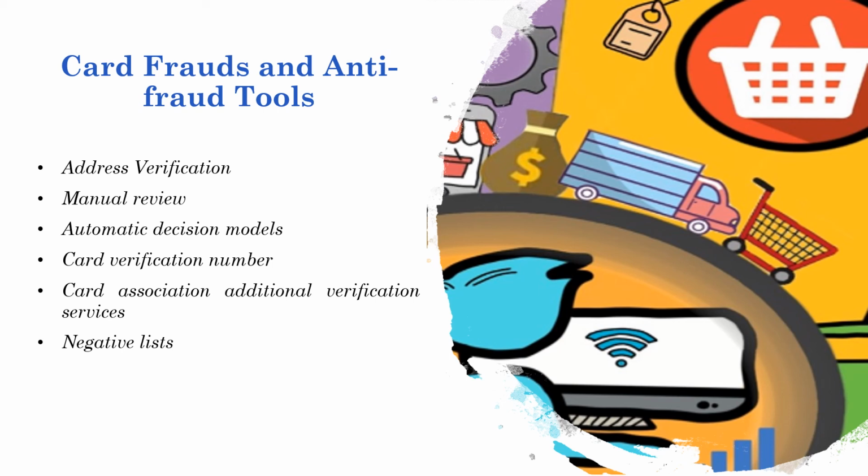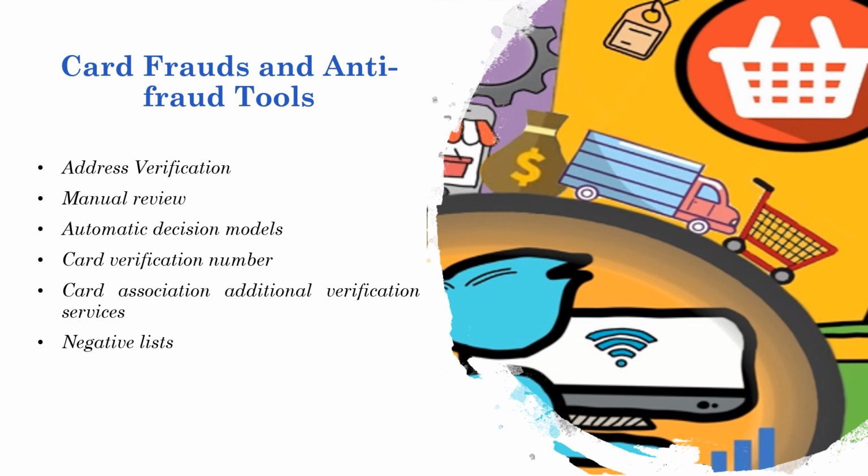So, the list of anti-fraud tools: address verification, which compares the entered shipping address with the card address, with possible false positives. And then we have the manual review, wherein staff manually review some orders. We also have automatic decision models, wherein rules determine if the transaction is fraudulent.